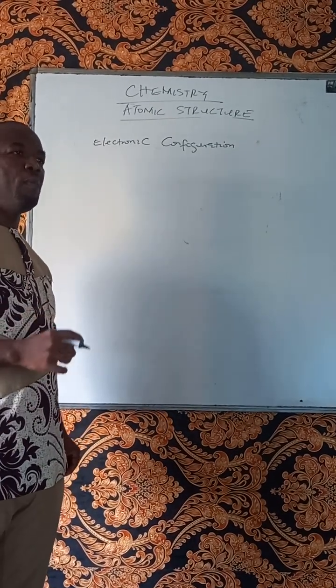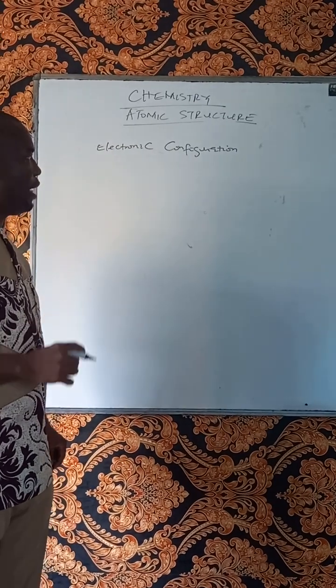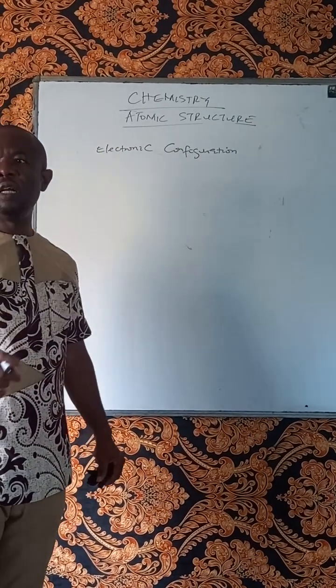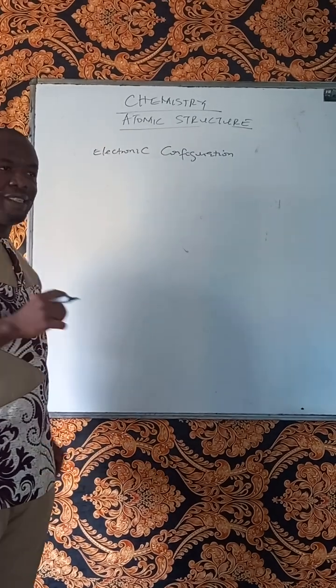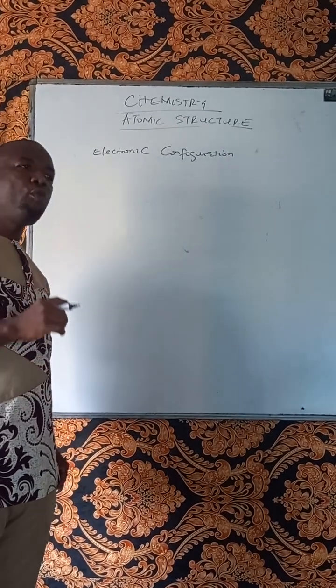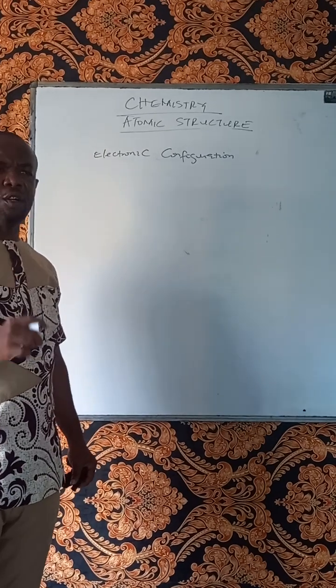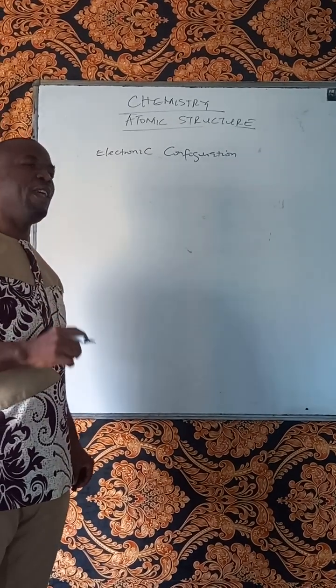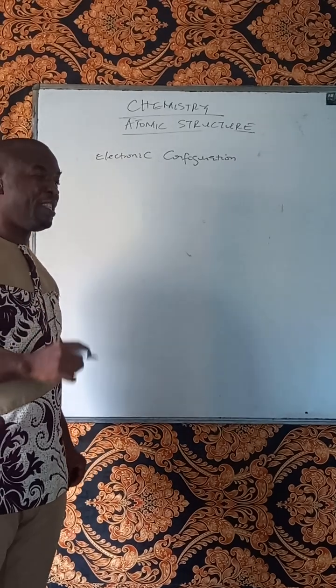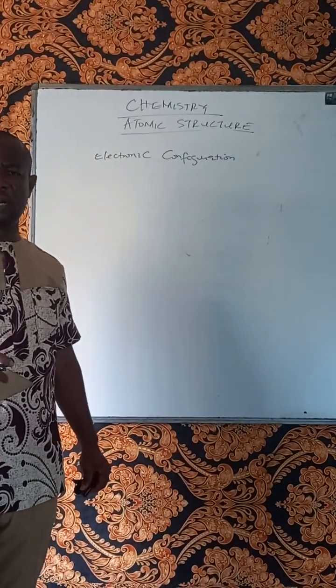The system by which these electrons are shared in shells is what we call electronic configuration or electron distribution. How do we know how many electrons an atom possesses? The number of electrons an atom possesses is equal to the atomic number.